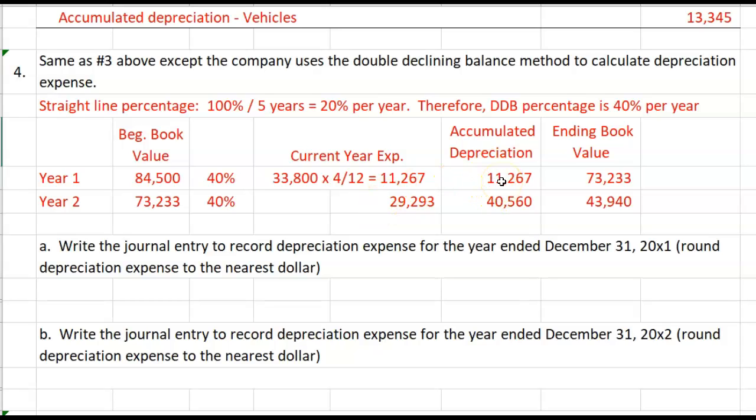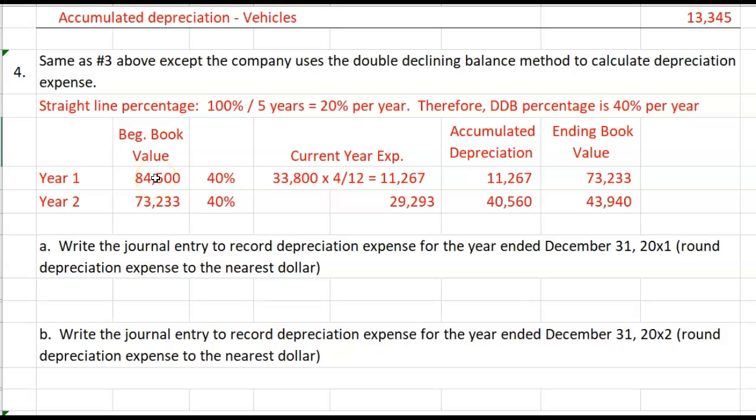As we accumulate depreciation expense each year, accumulated depreciation gets bigger. Therefore, the book value gets smaller. So, double declining balance means you take double the percentage that you would use under straight line, times its declining balance.